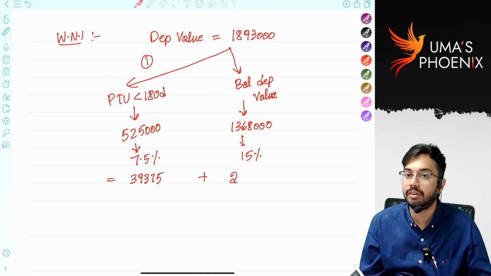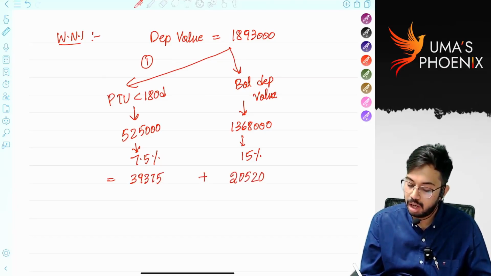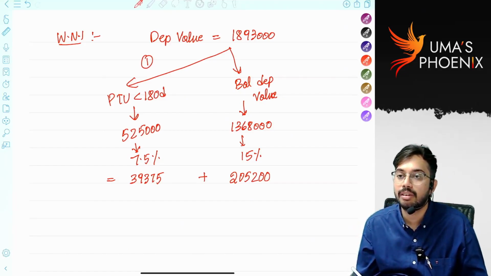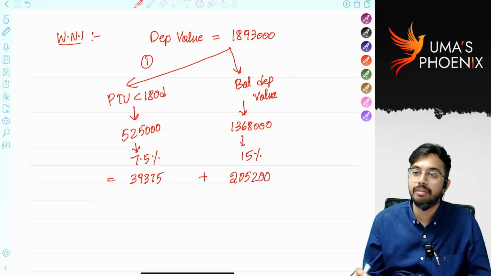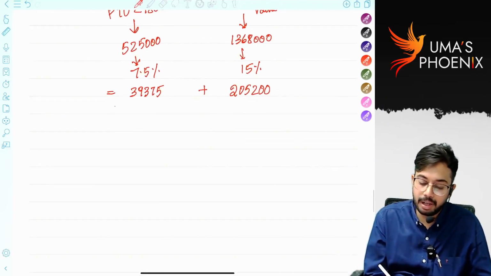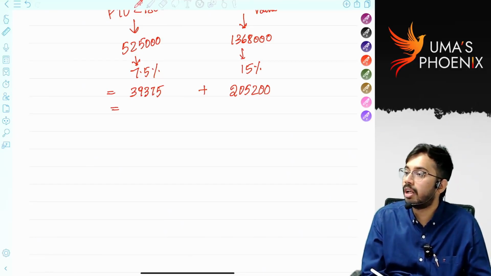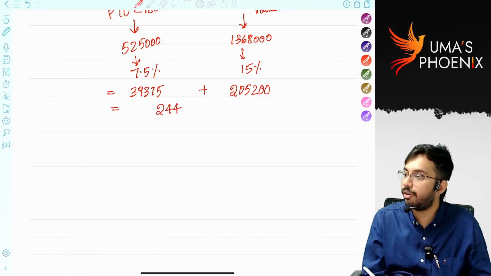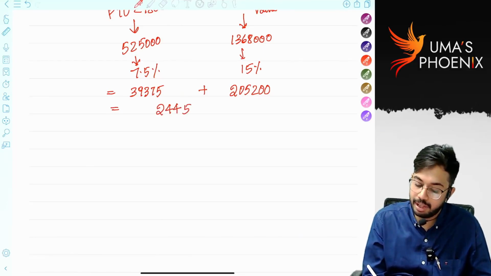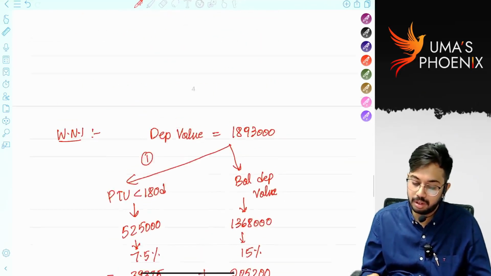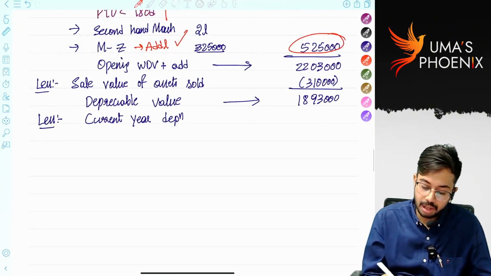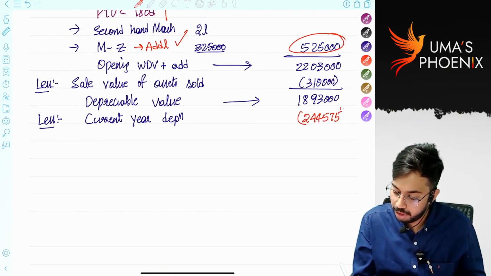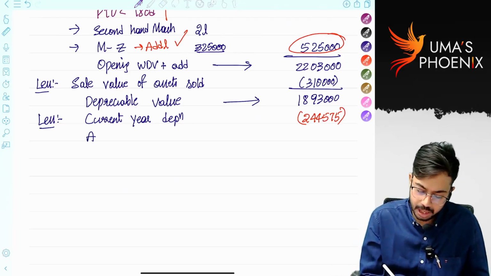Are you able to understand? Manoj, did you get stuck somewhere? What happened? Are you not listening properly? How much is total current year depreciation? 2,44,575. Yes. Current year depreciation is 2,44,575.